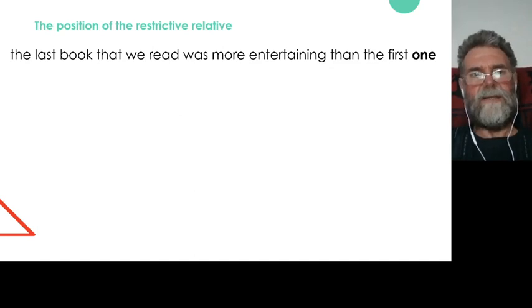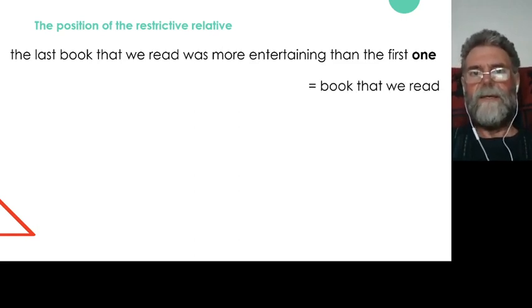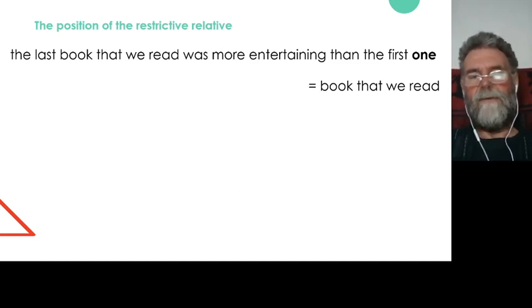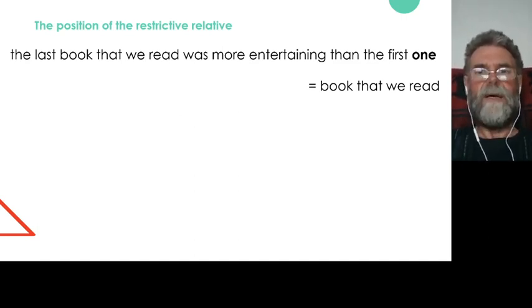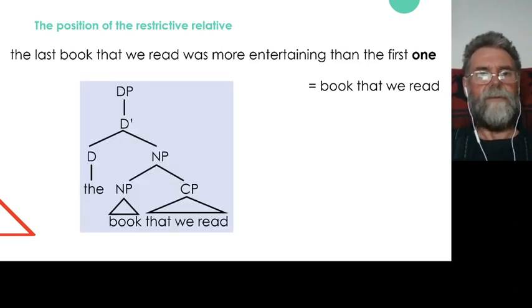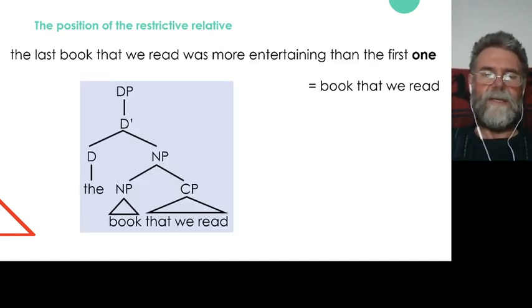And if we consider this sentence here, the last book that we read was more entertaining than the first one, we see here that one is replacing book that we read, i.e. the noun plus the restrictive relative clause. Therefore, we have direct evidence that the noun and the relative clause together make up a noun phrase, and therefore, given that the relative clause is a modifier, we know that it must be adjoined to a noun phrase. So again, we see this clause adjoined lower down in the structure.